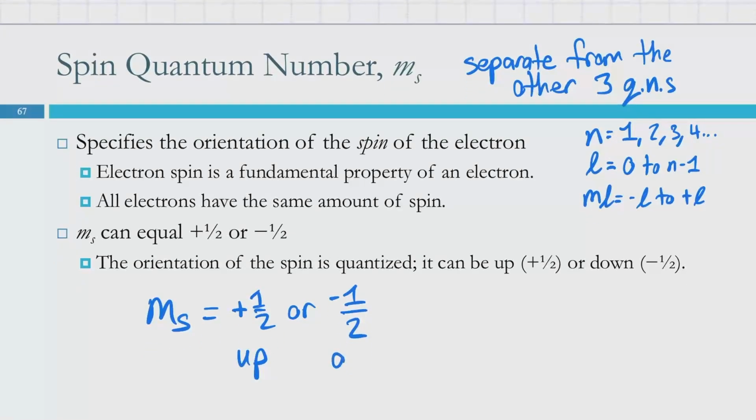The options are up or down. They'll come into play a little bit later on. They are formally called upspin and downspin. All of our electrons are going to have the same amount of spin. That's why they're always +1/2 or -1/2. It's just that sometimes they're spinning one direction, other times the other direction.